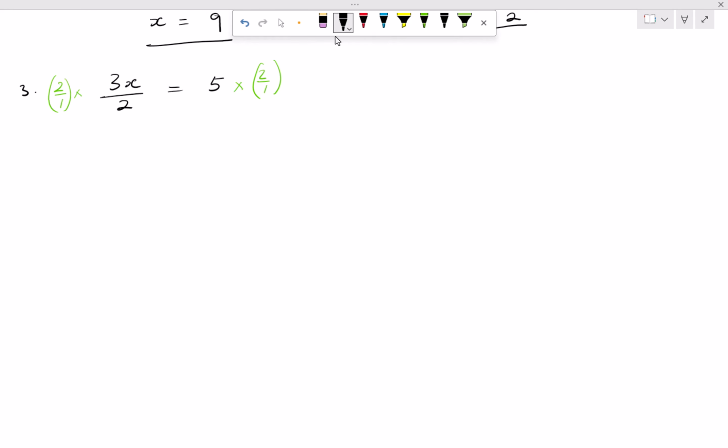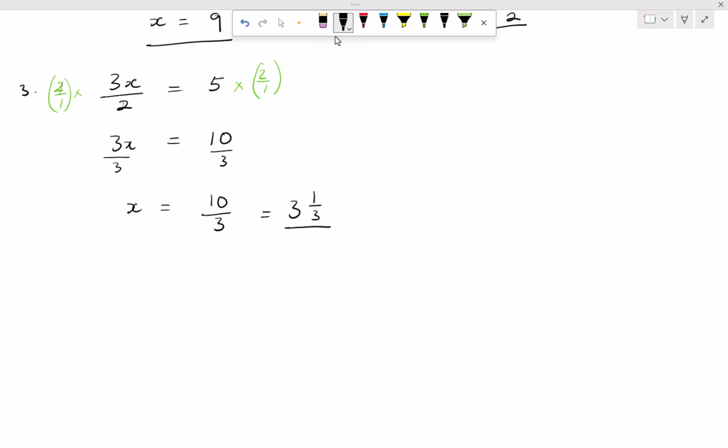Okay, so this 2 and this 2, they cancel each other, and we're left with 3x is equal to 5 times 2, that is 10. And then we want to remain with x, so we divide both sides by 3. And we end up with x is equal to 10 over 3, which is the same as 3 and a third. That is our answer.